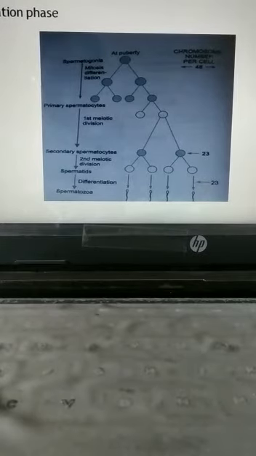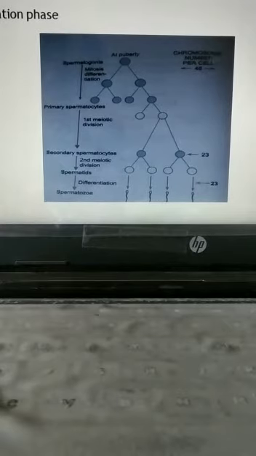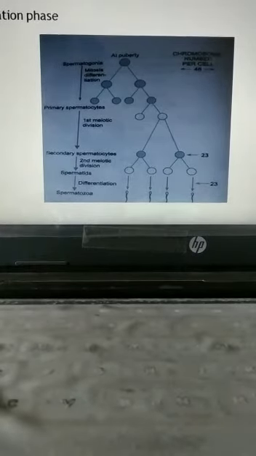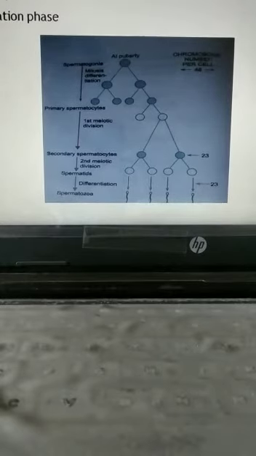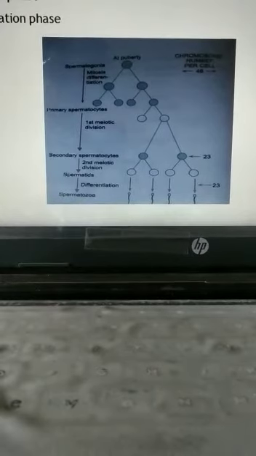After spermiogenesis, the sperm's head gets attached to Sertoli cells to draw nourishment, and they are finally released from the seminiferous tubules by the process of spermiation.